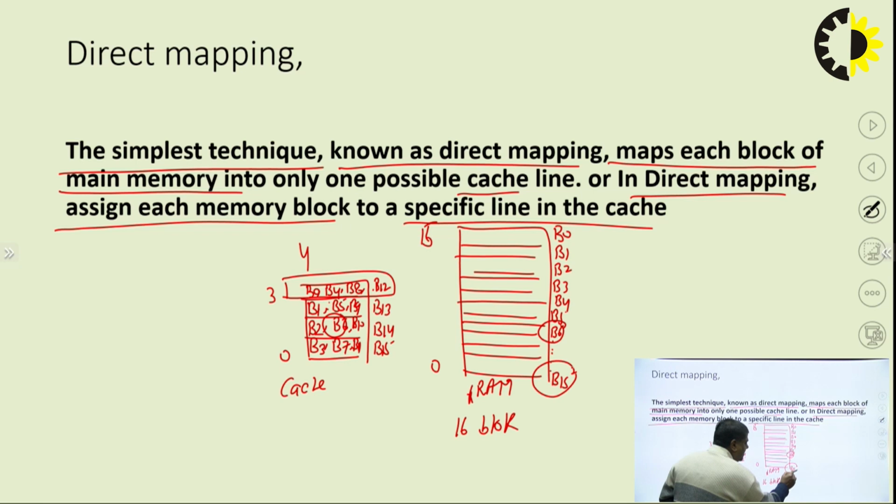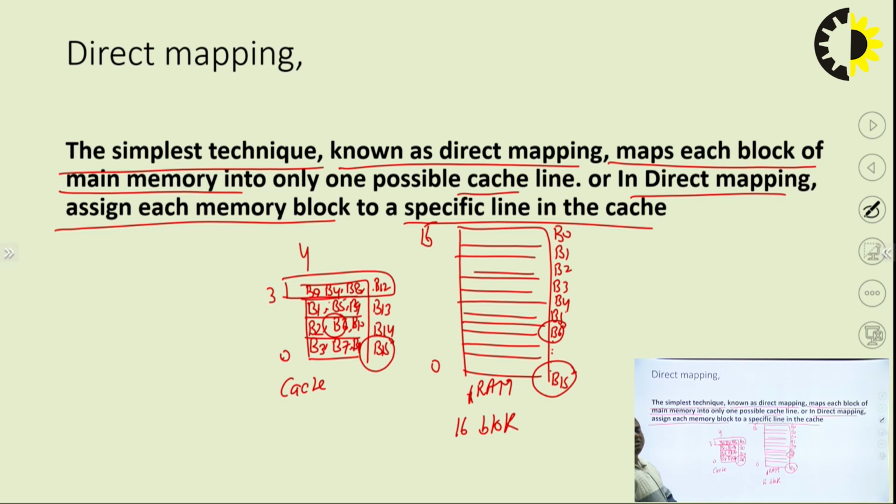Similarly, the B15 block of the main memory has a specific location in the cache memory, that is block number 0. It means every block of the main memory is fixed into the cache memory. Such kind of mapping is known as direct mapping. Every block of the RAM is fixed into the cache. This concept is known as direct mapping.